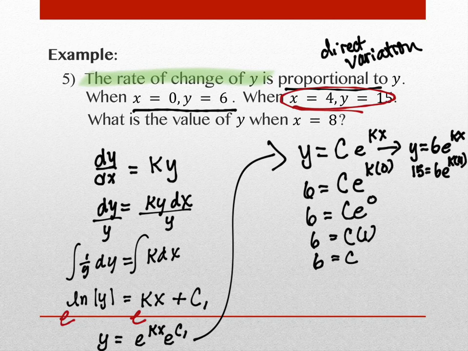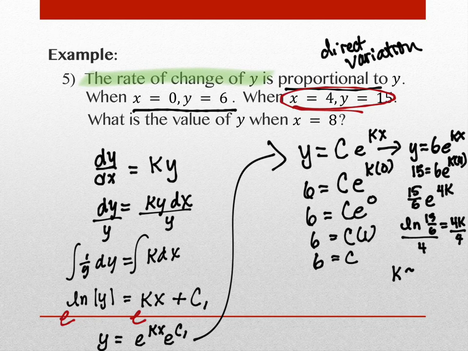Like it just is. We're going to simplify this. Dividing by 6 would be 15 divided by 6, e to the 4k. And then in order to get the 4k out of the exponent, we're going to take a log of both sides. This is the natural log of 15 over 6 equals, and you could reduce the 15 over 6 if you want, equals 4k. And then our last thing to do is to divide by our 4.